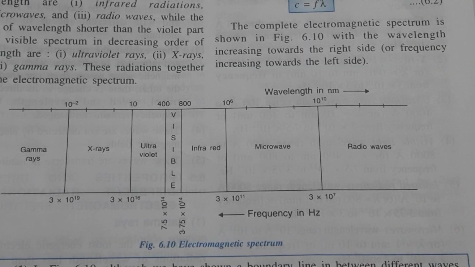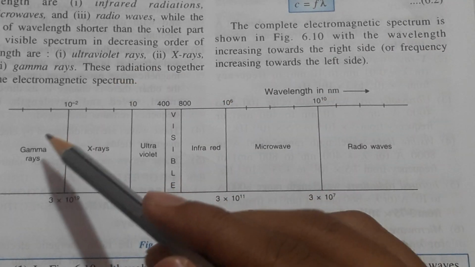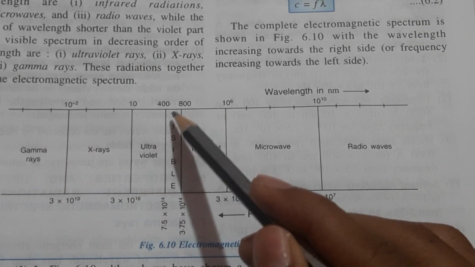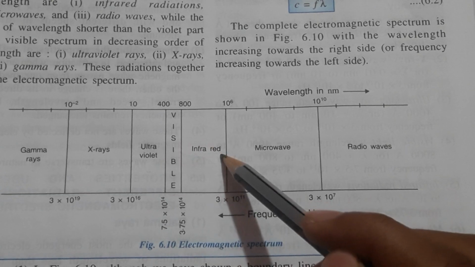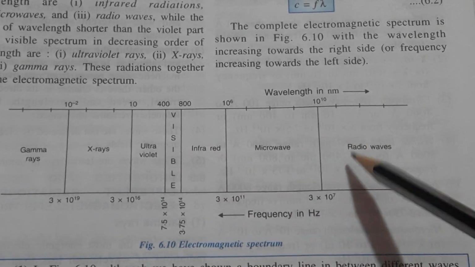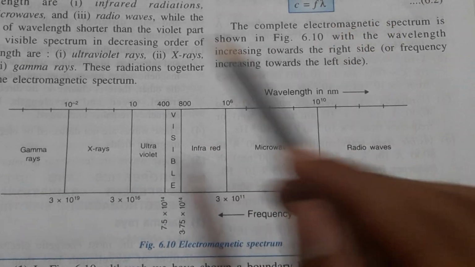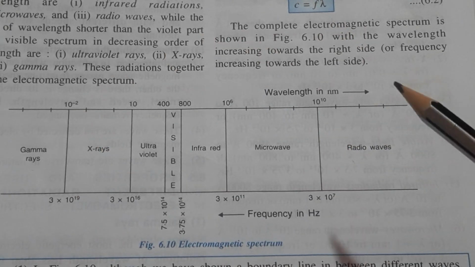Before learning about the common properties, I would like to show you the electromagnetic spectrum. This is the wavelength and this is the frequency. And these are gamma rays, X-rays, ultraviolet rays, and this is the visible spectrum. Then come infrared radiation, microwaves and radio waves, and it should be in an increasing order or a decreasing order.